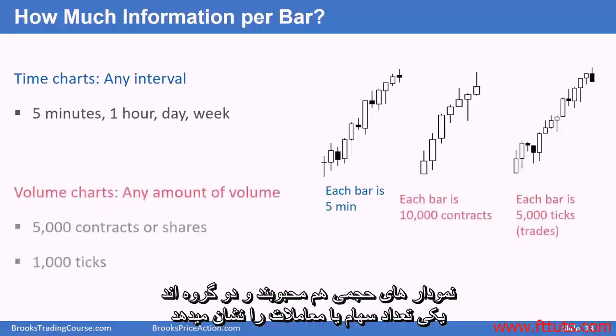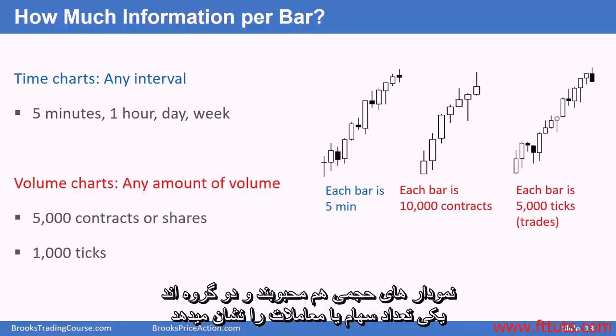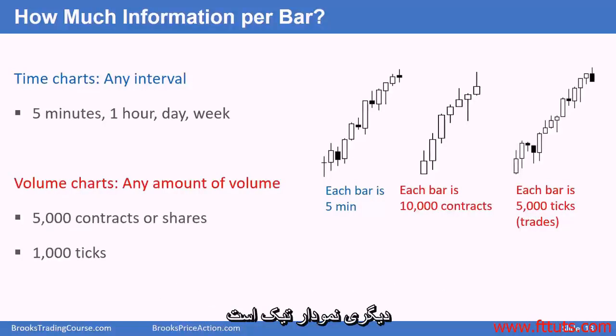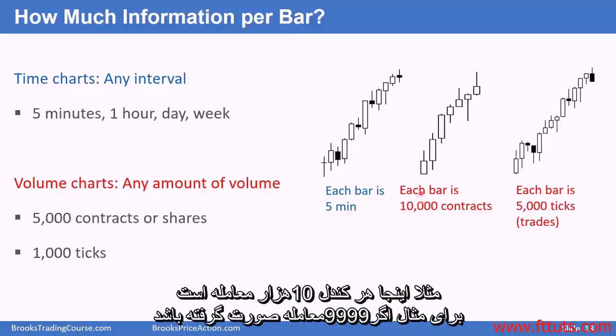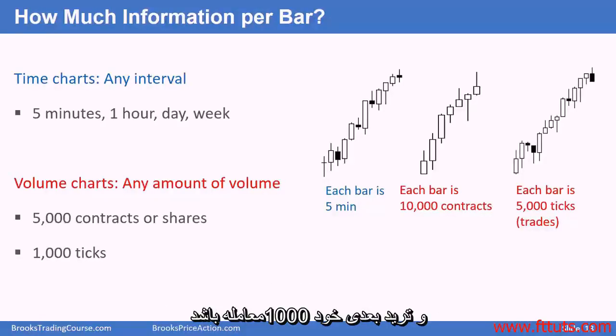Volume charts are also popular, and there are two different types. One is the number of contracts or shares traded, and the other is a tick chart. So for example, here, each bar is a 10,000 contract bar. Let's say 9,999 contracts were traded, and the next trade is 1,000 contracts.